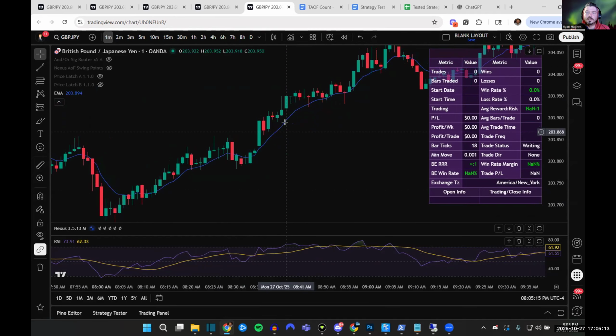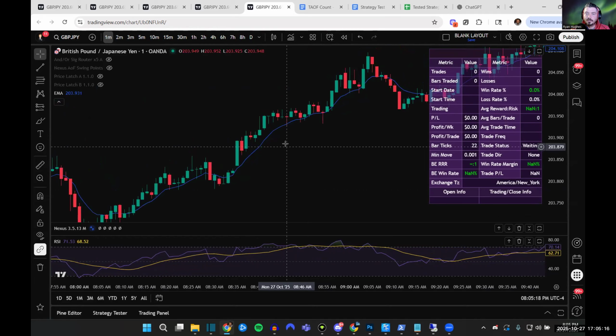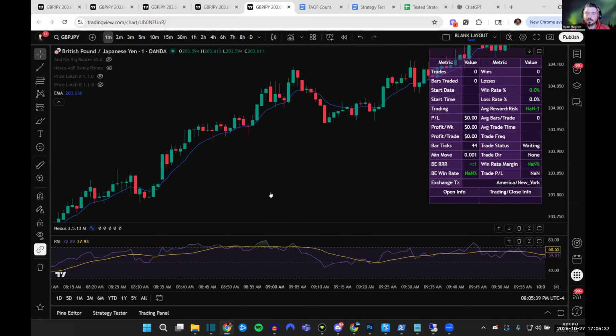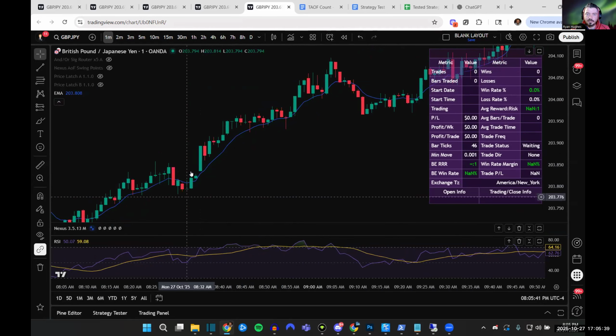So price is crossing above the 9 period EMA, and the RSI is above 70, correct? Let's lower that down to say 60. I think it will give us a little bit better results. I think 70 is a tad bit high. So price is crossing up above the 9 period EMA, and at the same time the RSI needs to be above the 60 level for a long entry trade, correct?